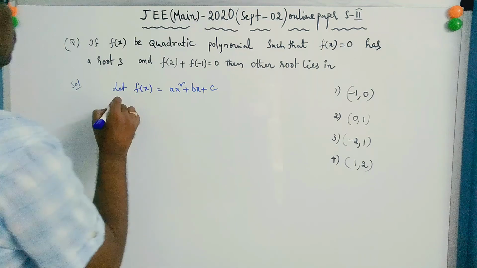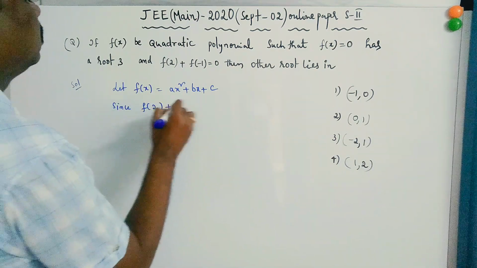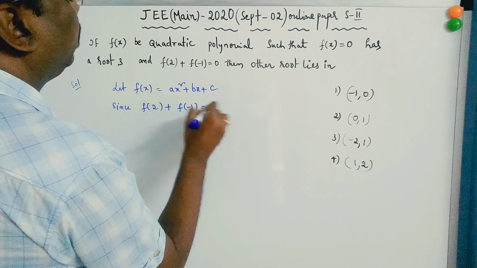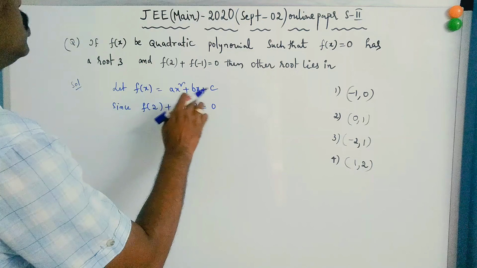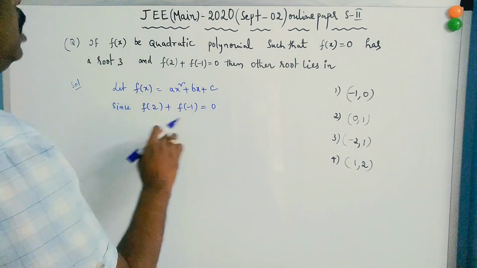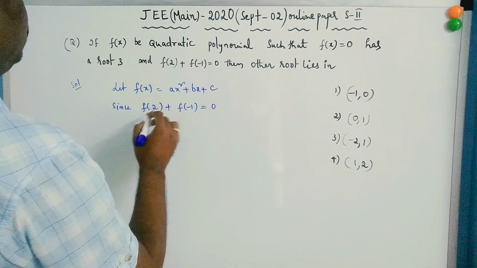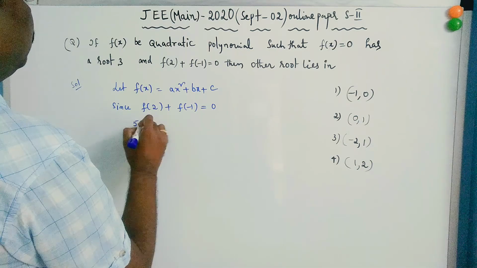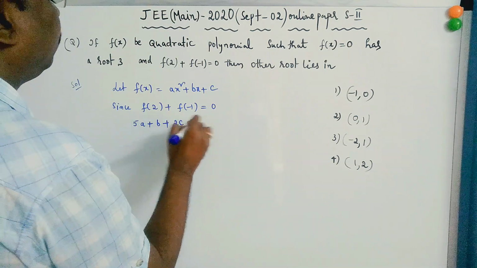Since f of 2 plus f of minus 1 equal to 0, f of 2 means 4a plus 2b plus c, plus a minus b plus c. Now that value is equal to 5a plus b plus 2c equal to 0.